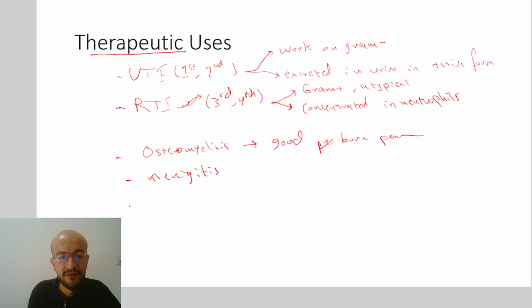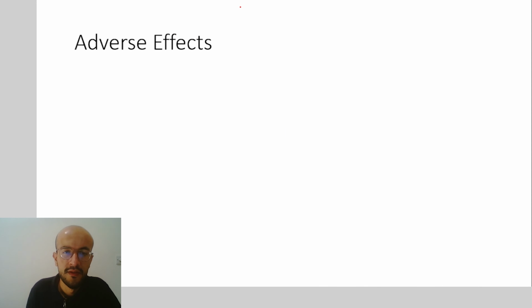And finally, they are used in treating atypical microorganism infections. The first line is usually a macrolide or a tetracycline, but if those did not work, we use the quinolones. Finally, let's talk about the adverse effects of the quinolones.